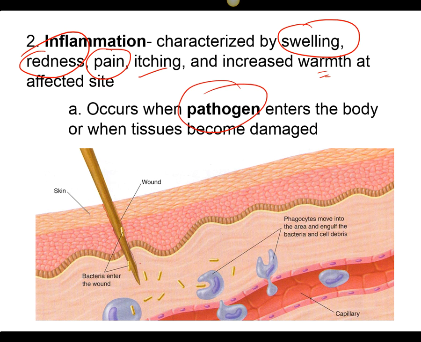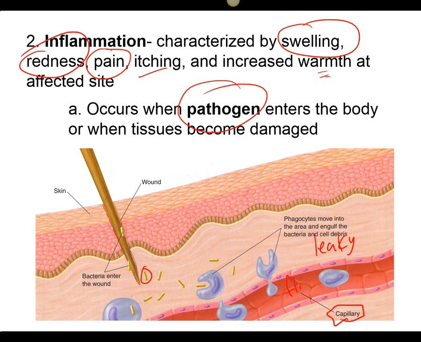So if you do cut yourself, and we have this bacteria that was on the tip of a needle, there's bacteria everywhere and it's going to get in your body. And so what happens is the capillaries, these blood vessels, become leaky.